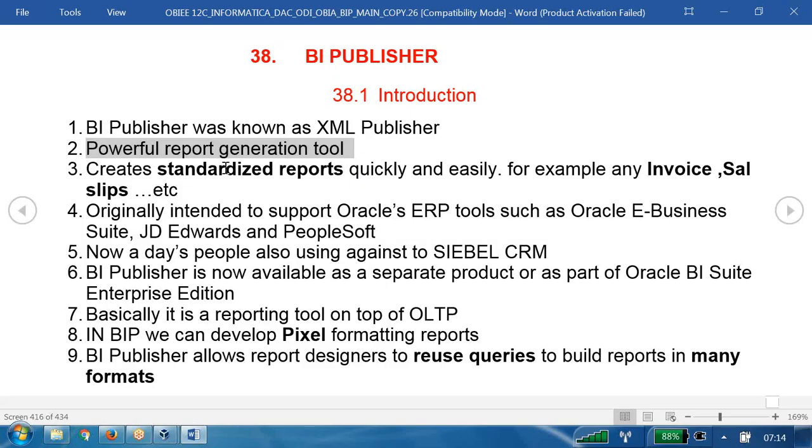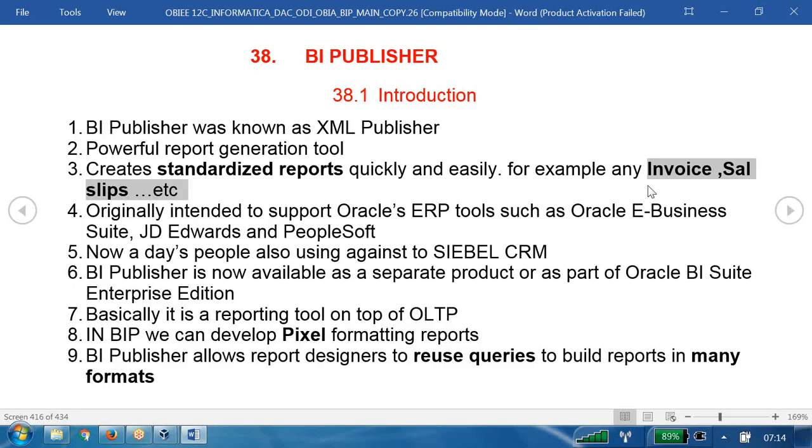Now, create the standard reports quickly and easily. For example, invoice, salary slip. Salary slip is a very standard report. My salary slip or anyone's salary slip belongs to India, so the tax I should take, how to calculate the HRA percentage, the PF percentage, everything will look the same.